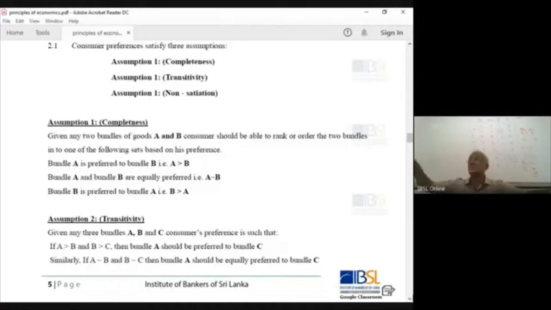That is the consistency. The consumer can't say, no, I prefer banana to oranges. No. Then his whole preference collapses. His preference is not consistent. He is not rational. Oranges preferred to apple, apple preferred to banana. Therefore, without asking anything, if he is rational and consistent, oranges should be preferred to banana.